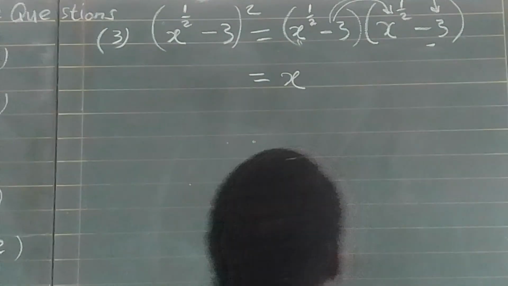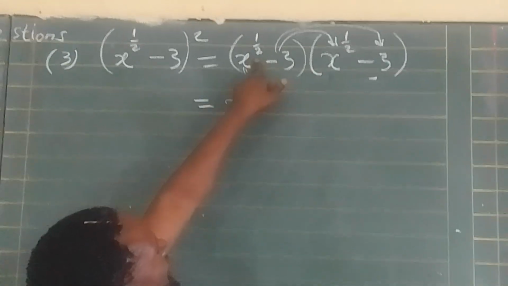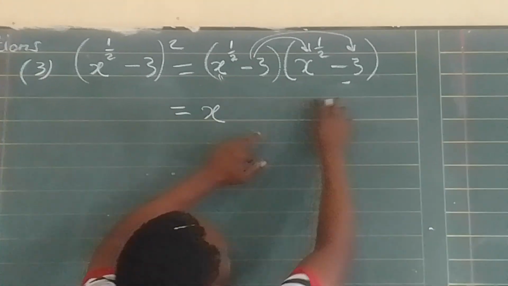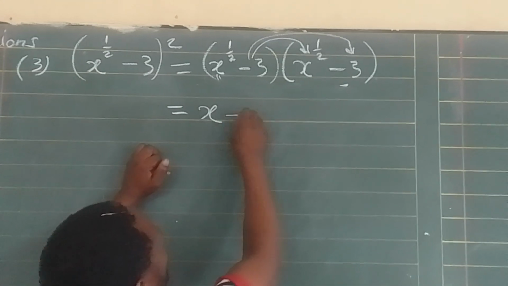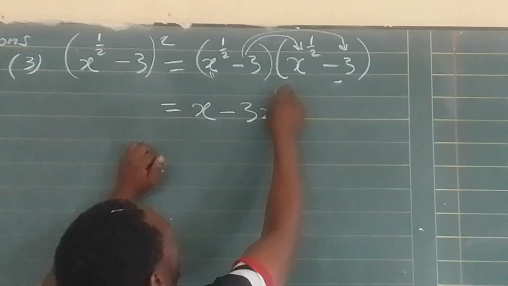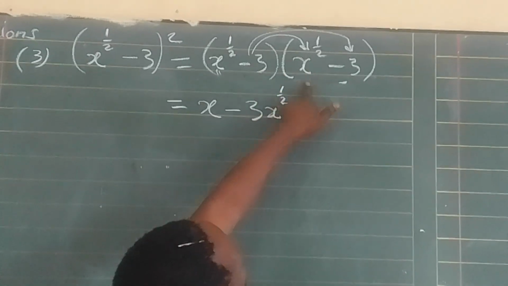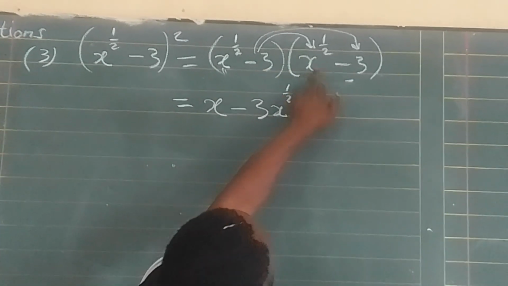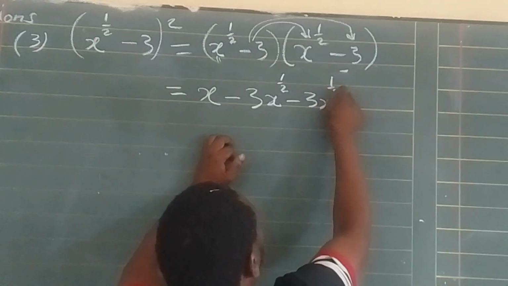Right. It's x to the power half times x to the power half, it's x to the power 1. You don't write that 1. You multiply this x to the power half by minus 3 and get a minus 3 x to the power half. You take this one and distribute it through this bracket. It's minus 3 times x to the power half, which is minus 3 x to the power half.